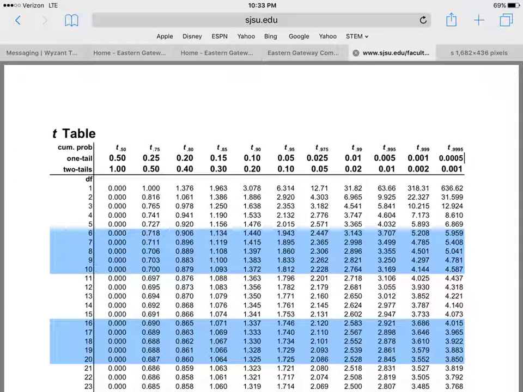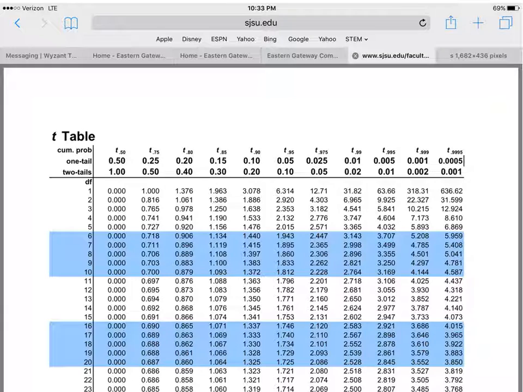And so what you have to recognize is that we have n equal to 5 ordered pairs, and typically our degrees of freedom for simple linear regression is n minus 2, which in this case would be 3. So we need to come down here to this row of our table of critical values that has a degrees of freedom equal to 3.